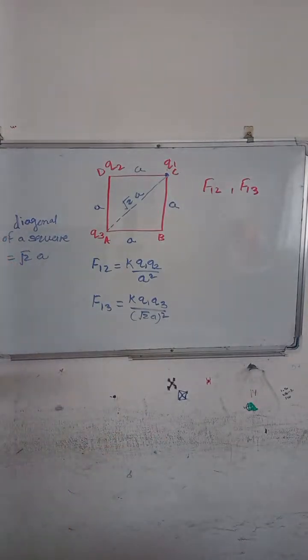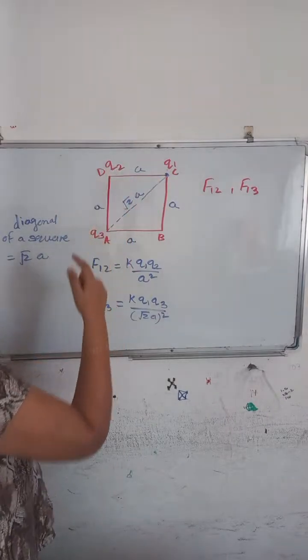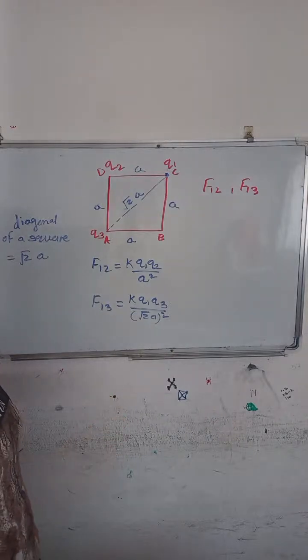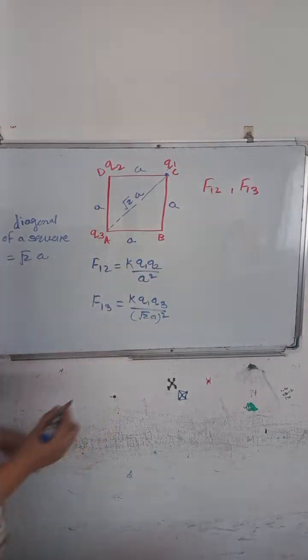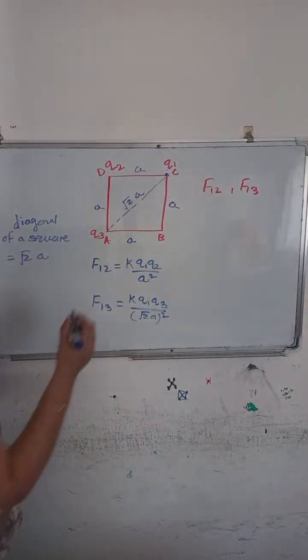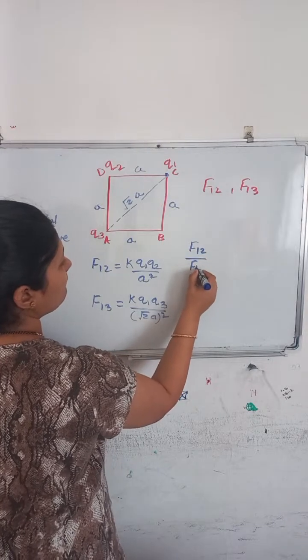Can you get it? I just applied Coulomb's law, nothing else. For understanding purposes I took the charges as Q1, Q2 and Q3, but they say all 3 charges are identical. They are asking the ratio F12 by F13.